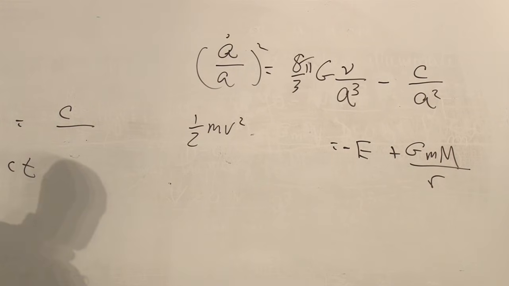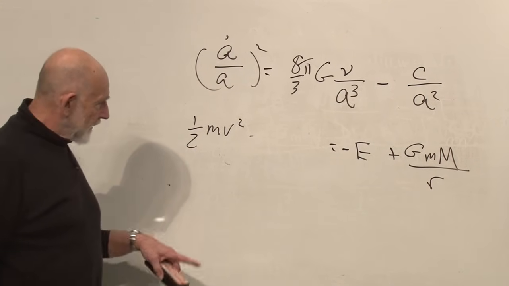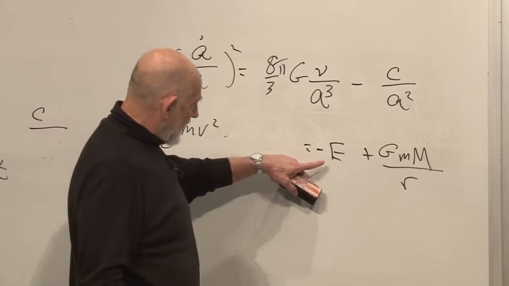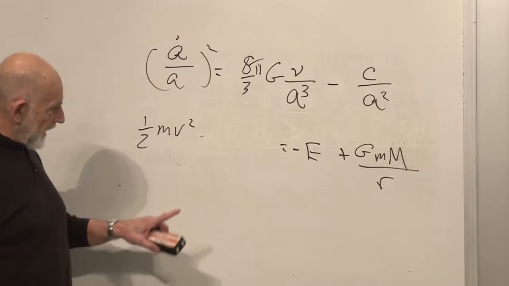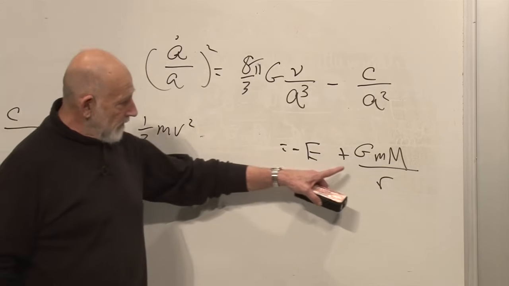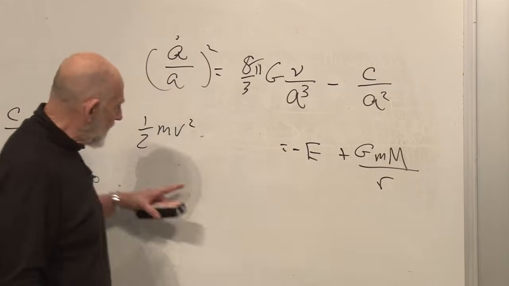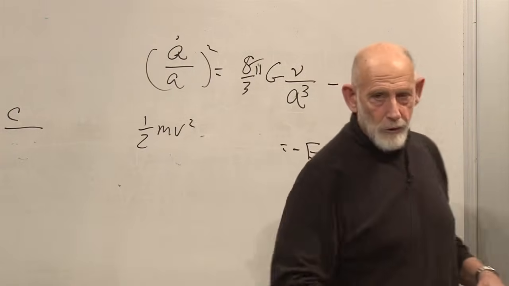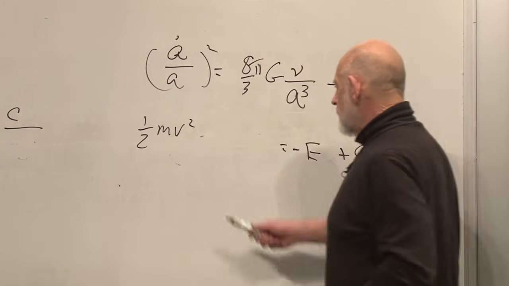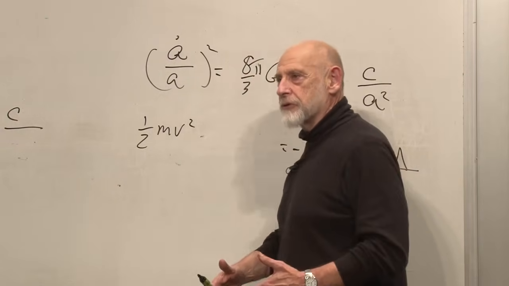How does it happen if E is negative? If E is negative, then there can be a crossover point. It's exactly the same thing, and you know what happens. The apple just falls back down to Earth. It's just a question of taking the root. There's a plus root and a minus root of a square root.